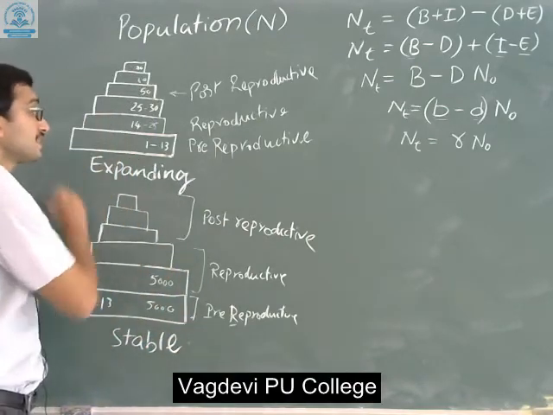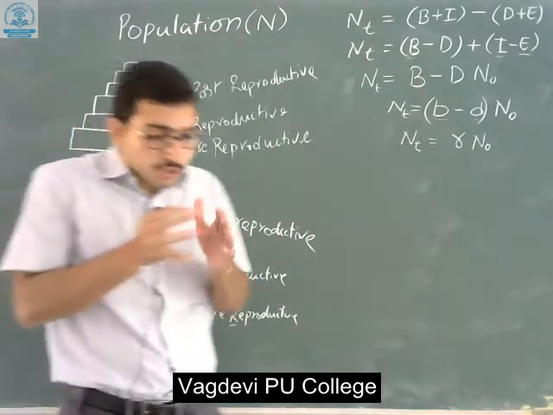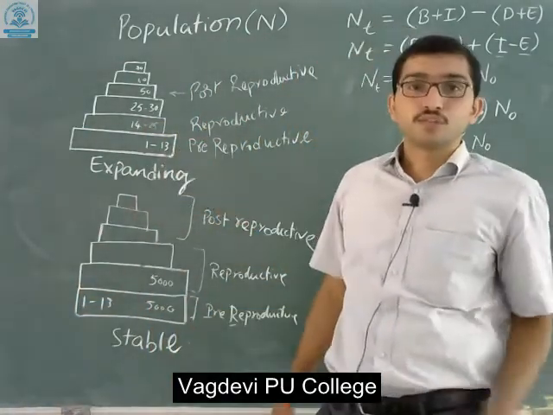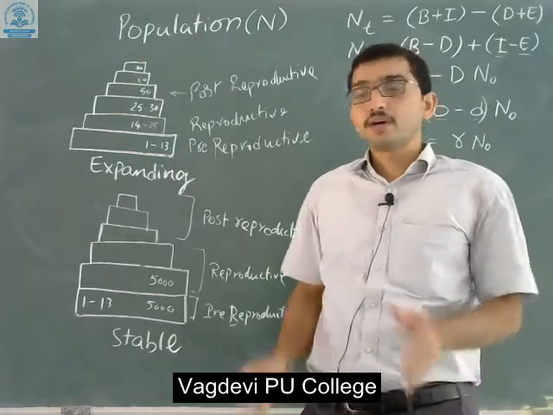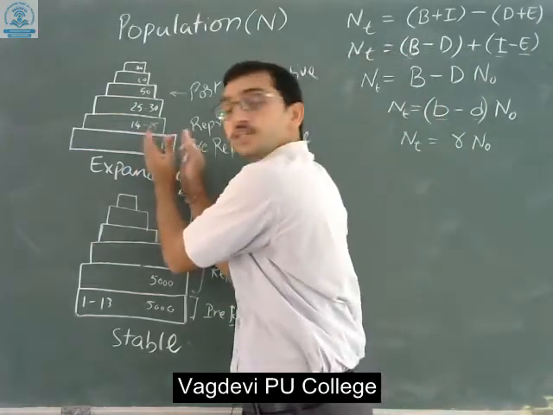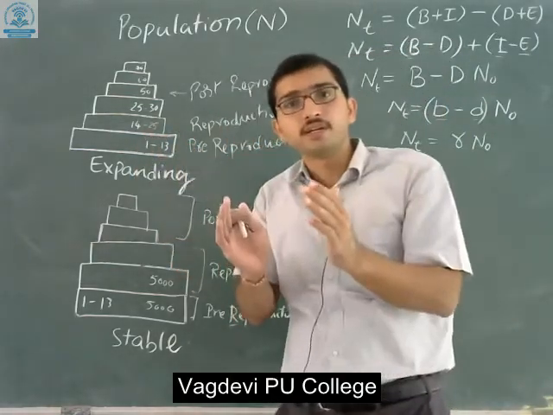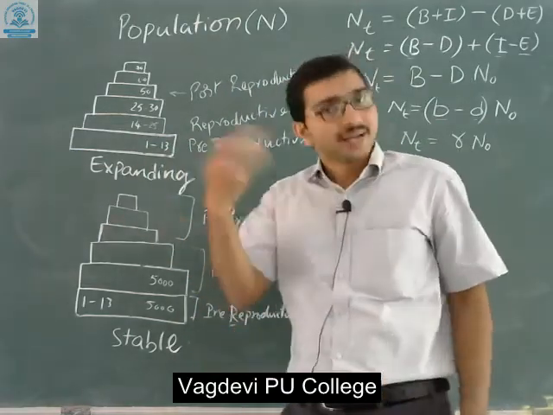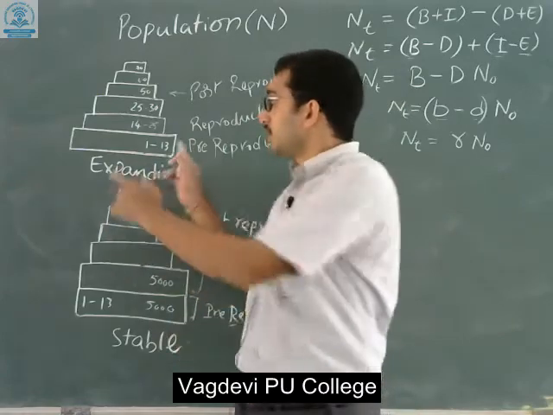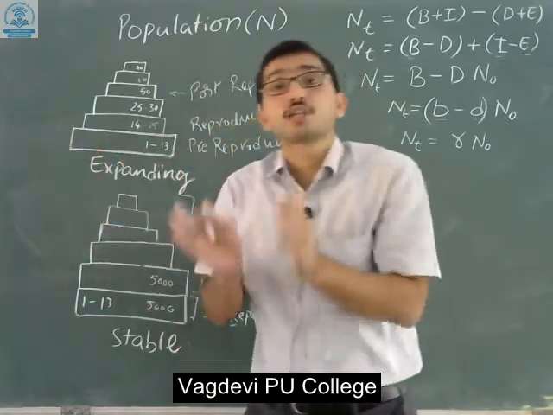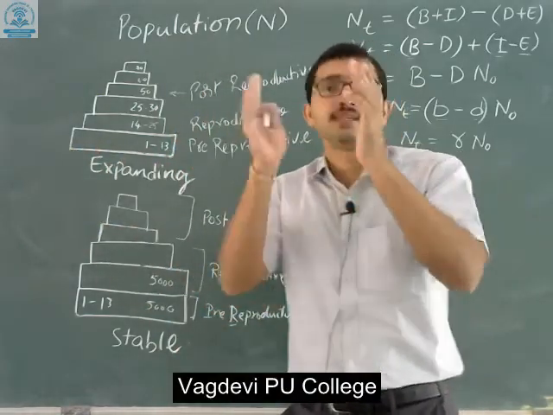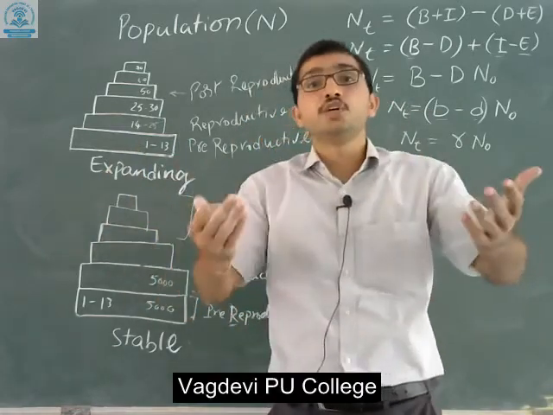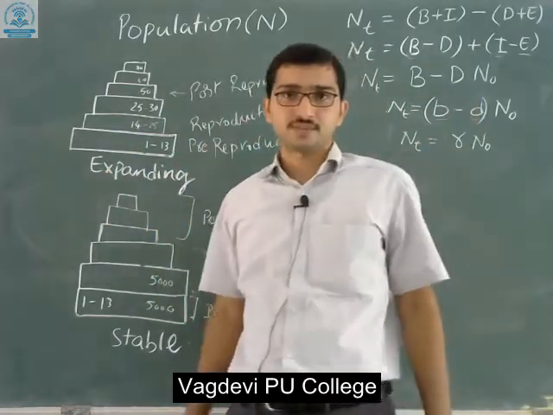Whereas a pyramid that is much more expanded means the population also expands, because these young individuals have the ability to grow further, up to 80-90 years, and they have the ability to produce more population.